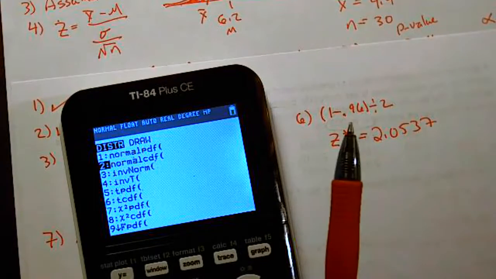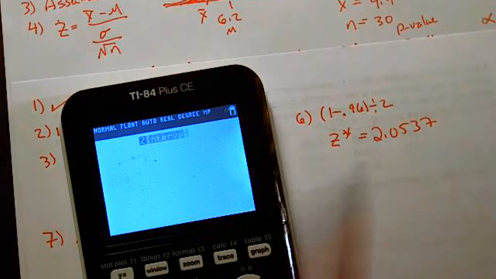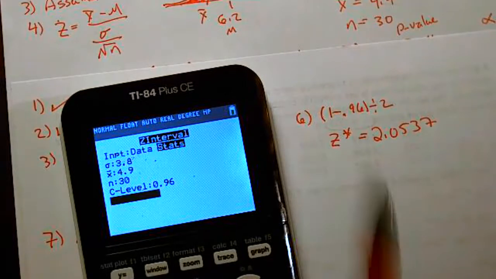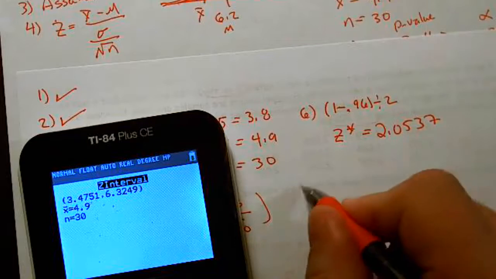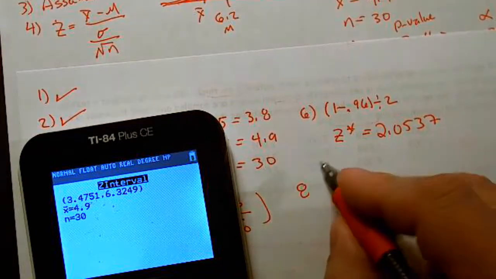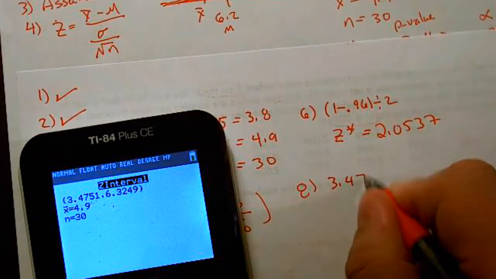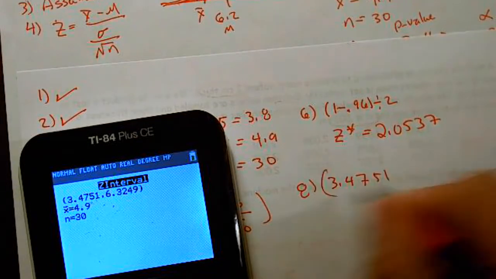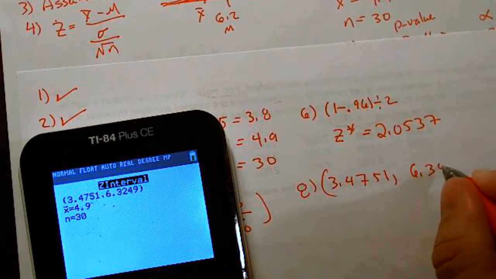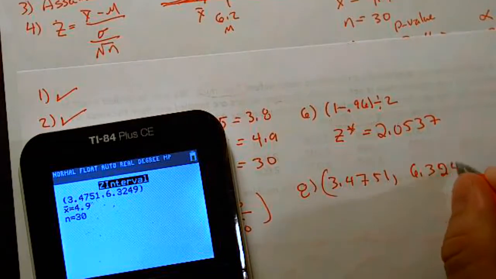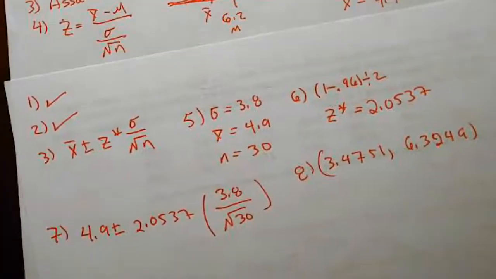Second vars is inverse norm. Good. Stat test 7. And write down my interval. My interval goes from 3.4751 to 6.3249. So that's my interval.